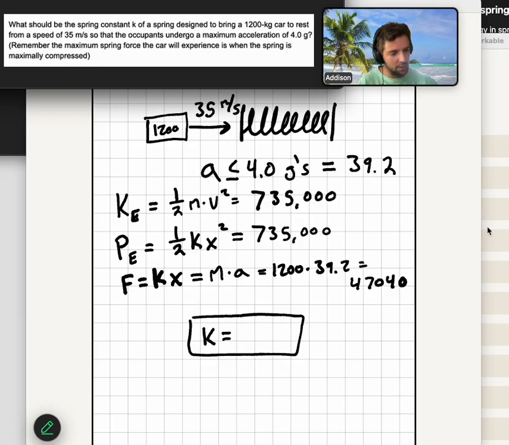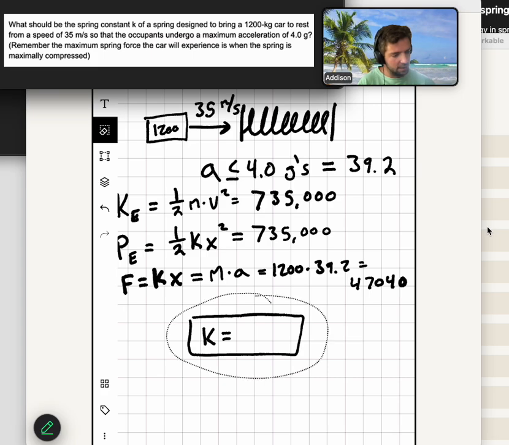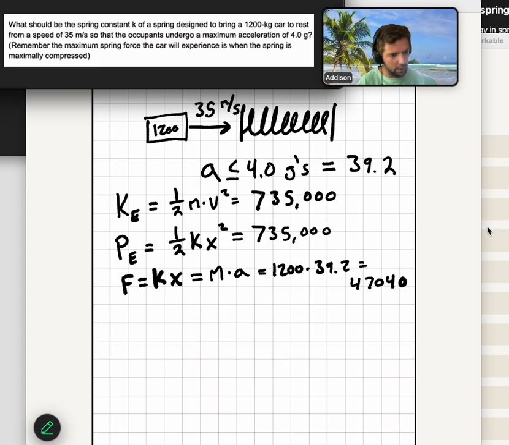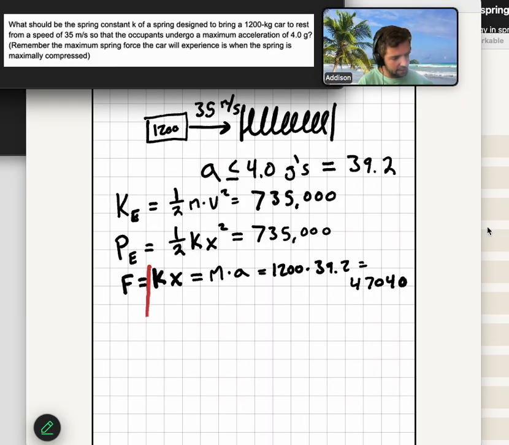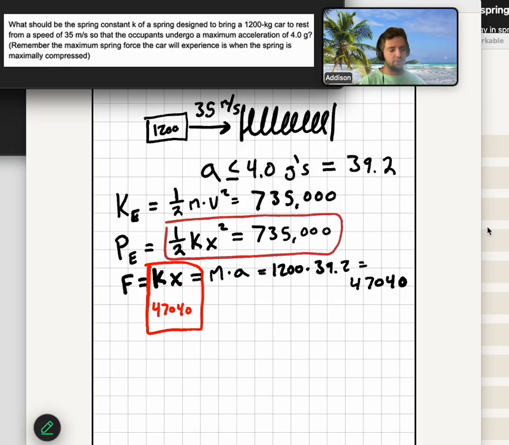So we know that kx is equal to 47,040. Now, here's where we can do something kind of clever, because now we have a system of equations. Let's put those in red. We have kx equal to 47,040, and we have 1/2 kx squared equal to 735,000.